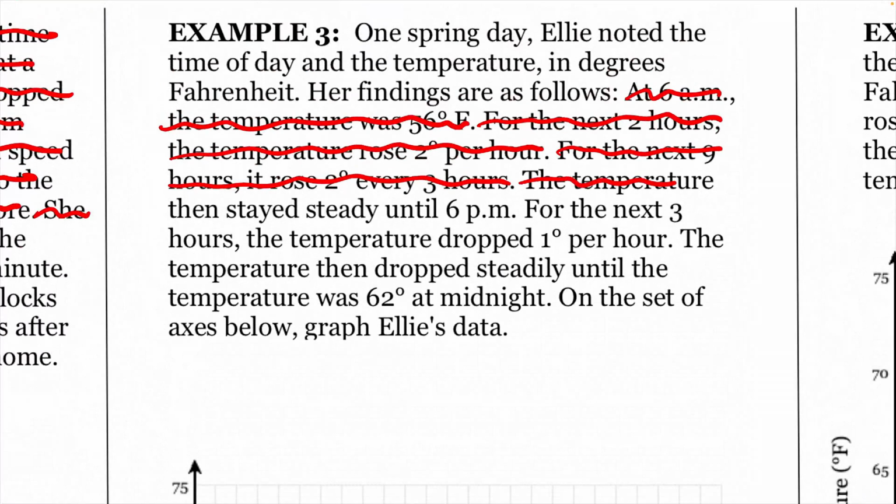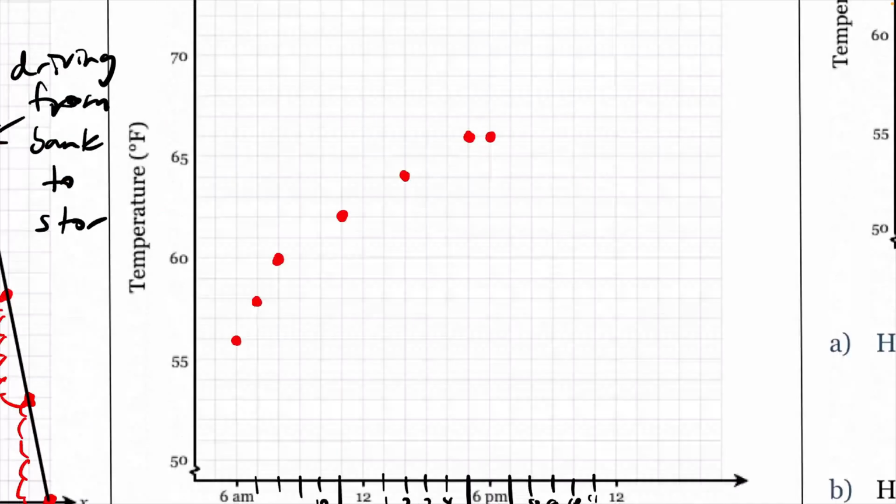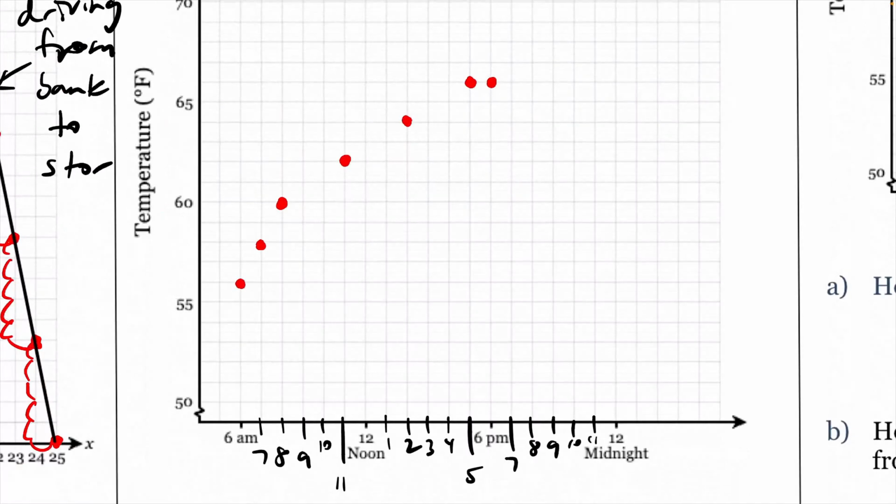For the next 3 hours, it dropped 1 degree every hour. So if I'm at 6, that's till 9. So every hour between 6 and 9, it dropped 1 degree. All right? So 66 at 6.